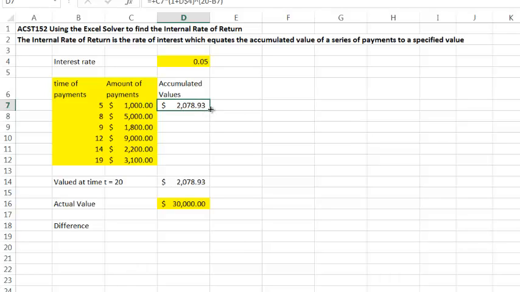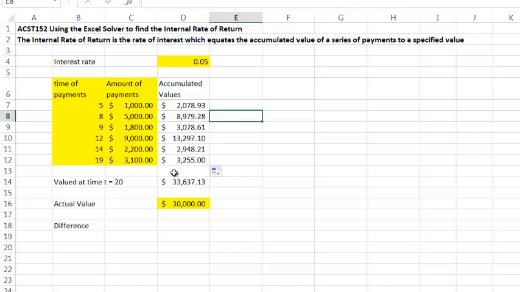So using the same formula, we can just copy that down. The accumulated value of $5,000 invested at time 8, earning 5% up till the end of 20 years would be $8,979.28. Okay, so we do the same for all 6 of those payments and sum up those accumulated values.